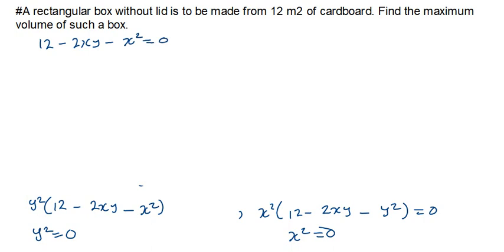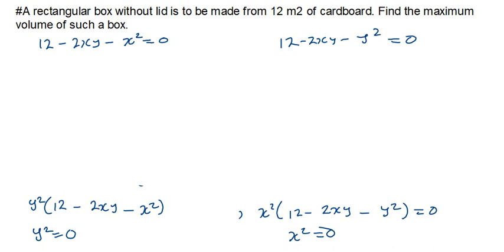On the other side, we can say 12 minus 2xy minus y squared equals 0. So now what do we need to do here? What do we now need to do?